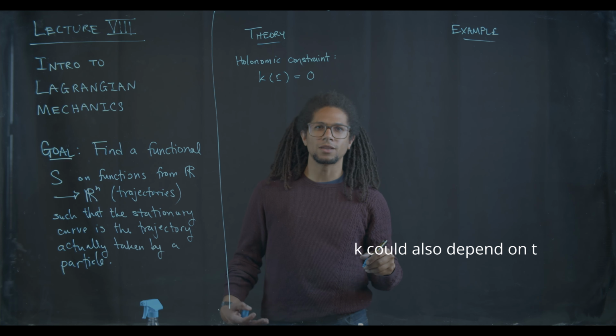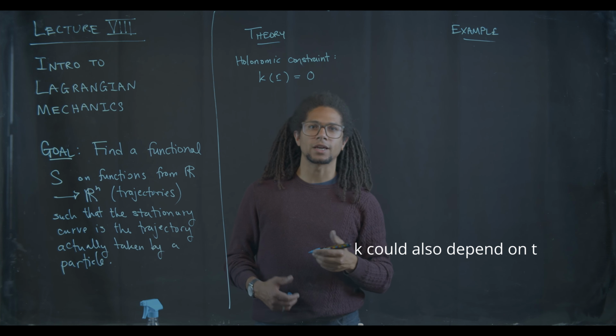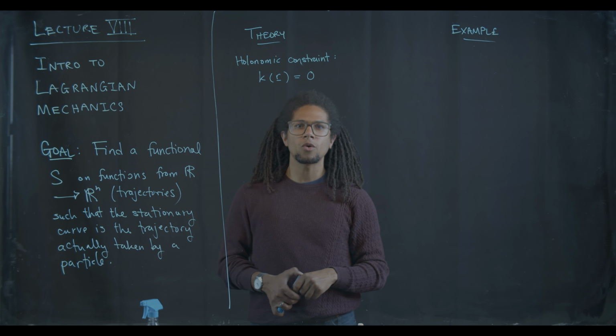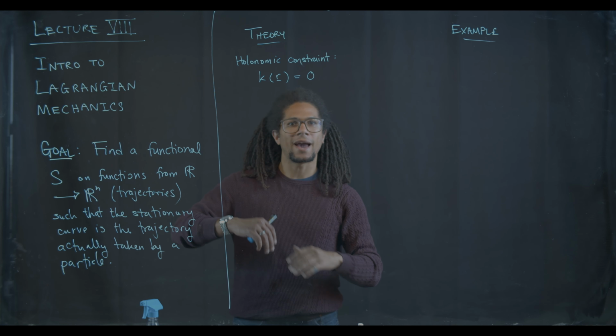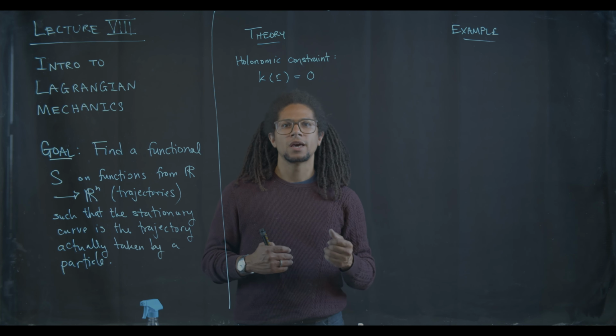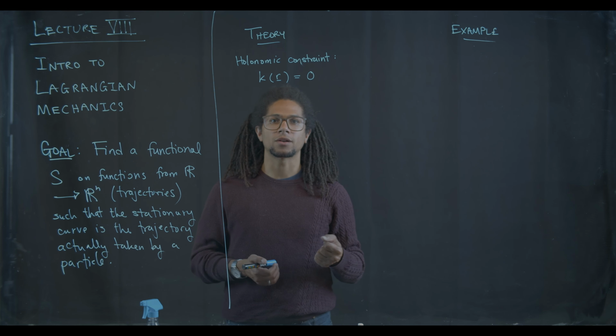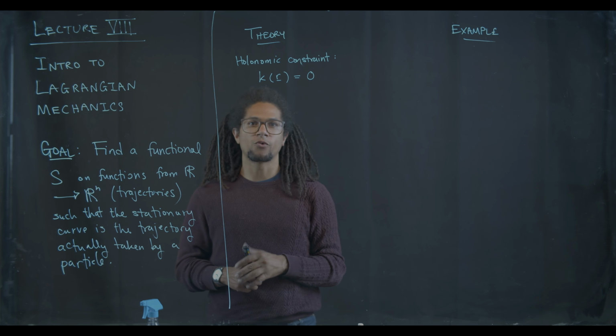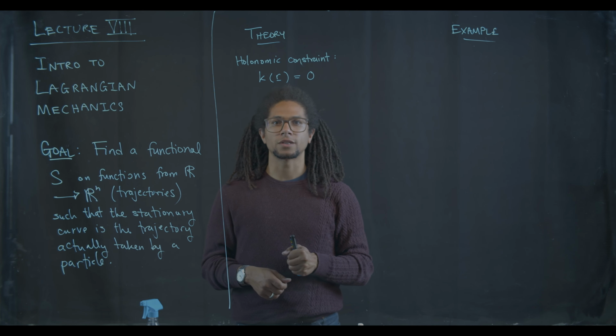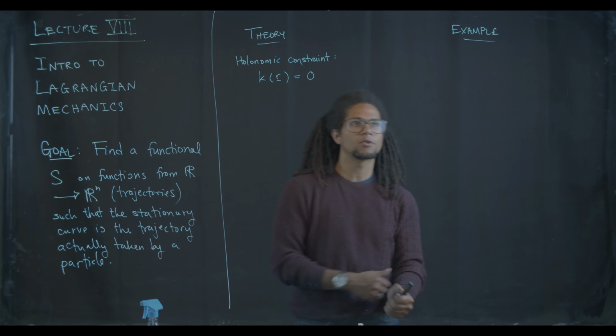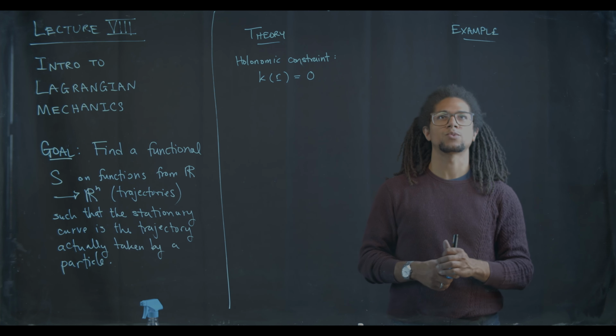Now this may seem a little bit of a funny way to define a constraint. A constraint I would normally think of as some sort of path or some part of space that the object is bound to stay on. But it turns out that this formulation will always work for holonomic constraints. All right, so let's hop over to our example and we'll see how this works.